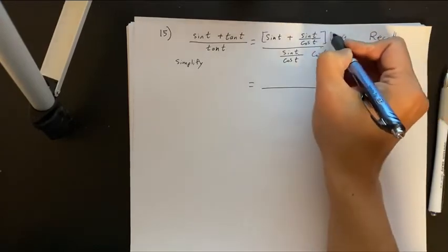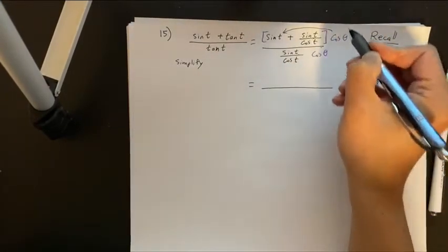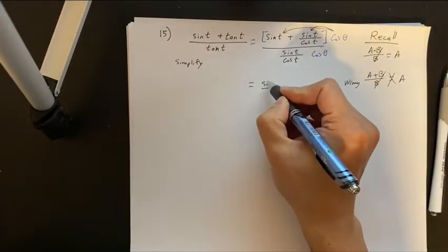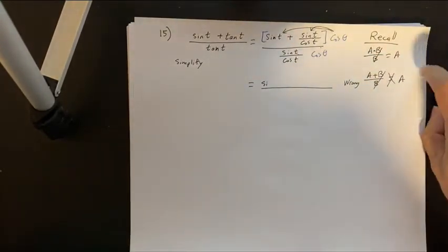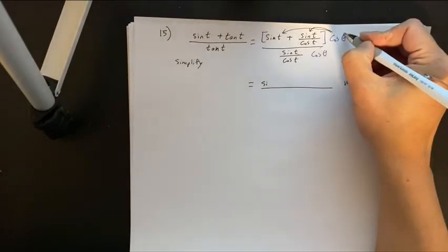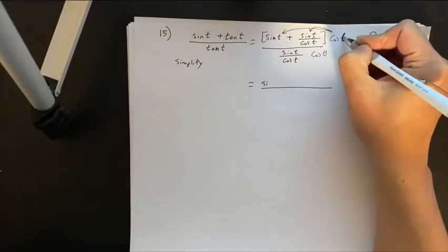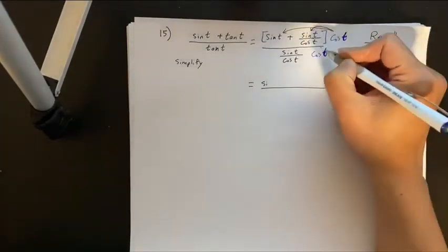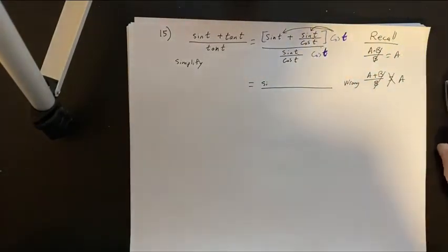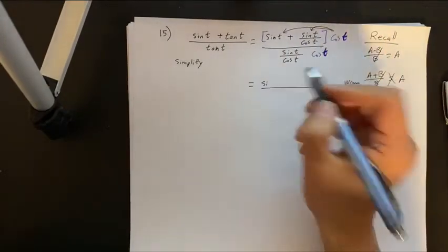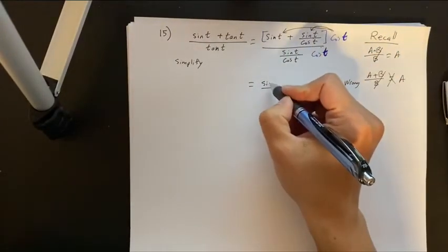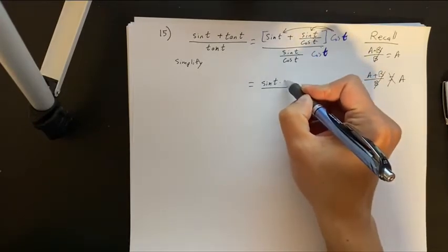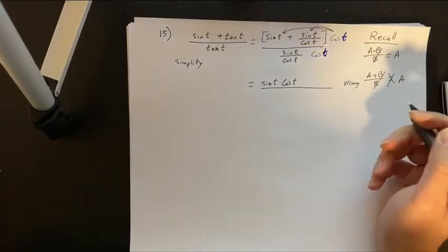So cosine is going to be multiplied with the first guy, and it will be multiplied with the second guy as well. Sorry, that should be t, not theta, right? So everything is in terms of t. We don't want to introduce a new variable if we don't have to. So this is sine of t multiplied with cosine of t.